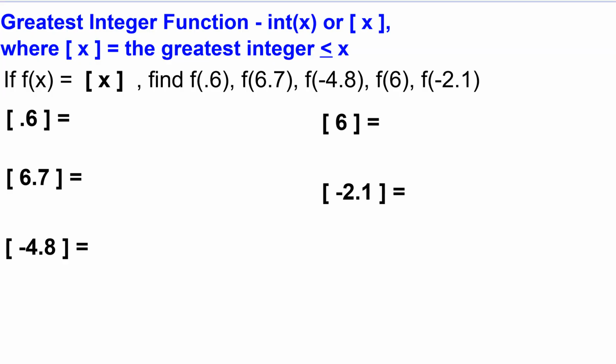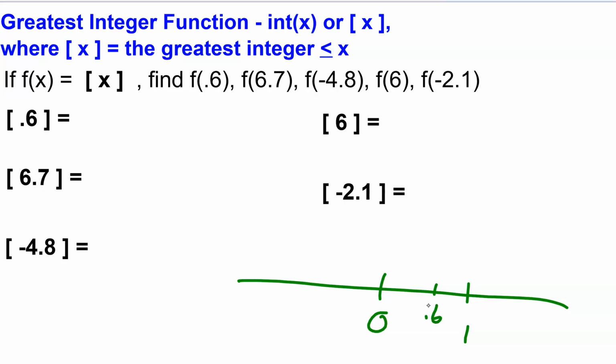Another type of function is the greatest integer function. You probably haven't seen this one before, but it's an integer bracket, where this greatest integer function equals the greatest integer less than or equal to x. So if you take a look at the greatest integer less than or equal to 0.6, if you think of where 0.6 is on the number line, it's going to be right here.